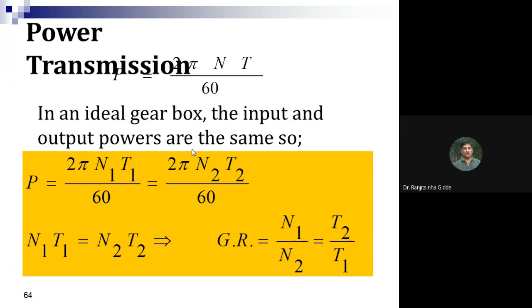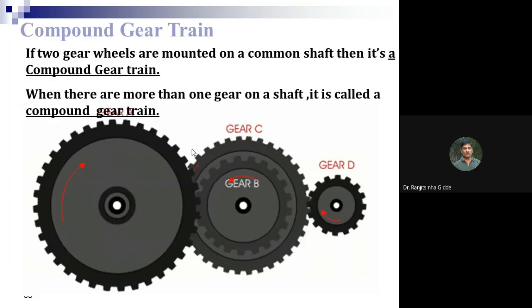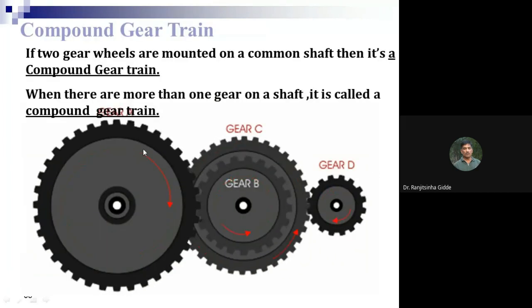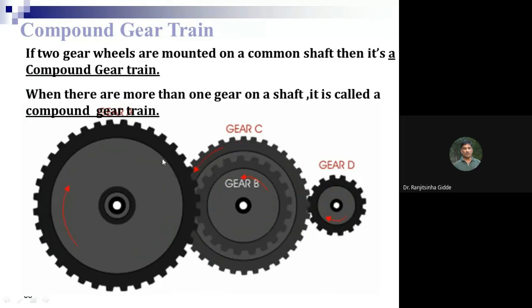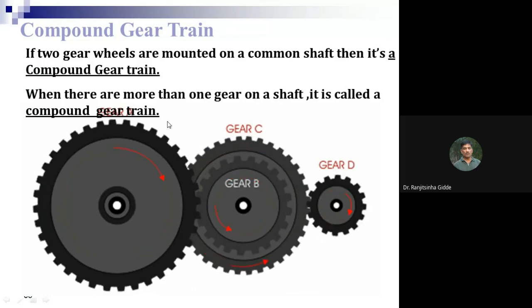This is a simple formula, already you have studied at your diploma level. Right? So just how we can get the value of gear ratio in terms of number of teeth or the torque.